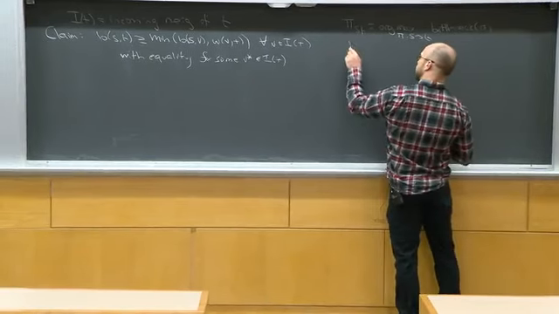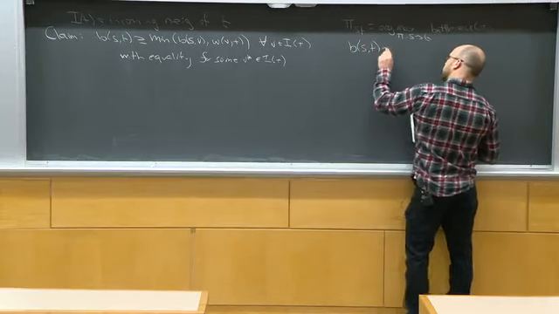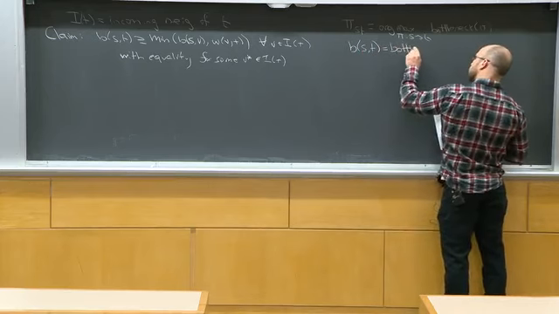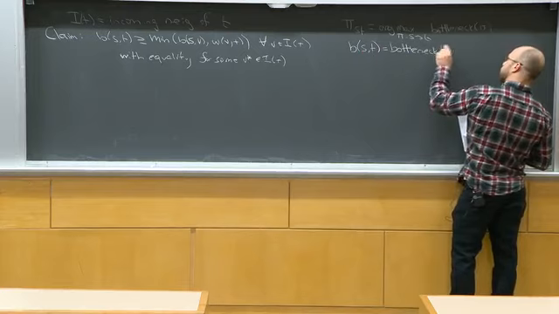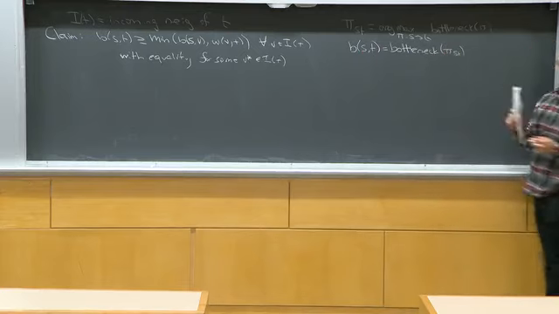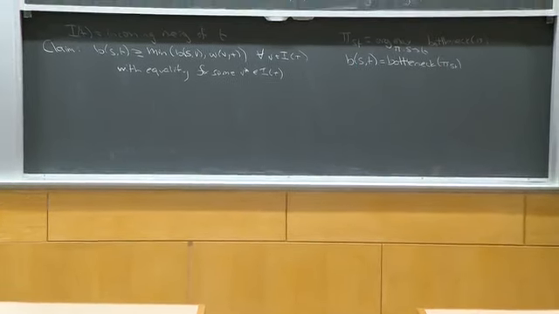So B of S T is equal to the bottleneck of pi S T. This is convenient for me because the reasoning about that path makes some sense.